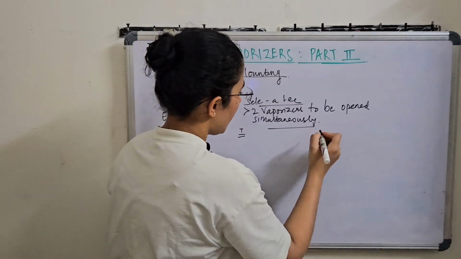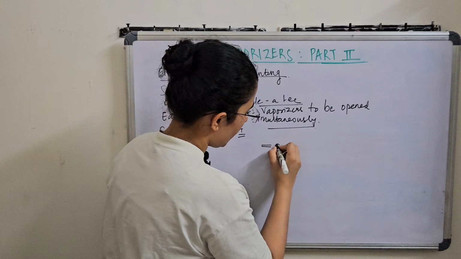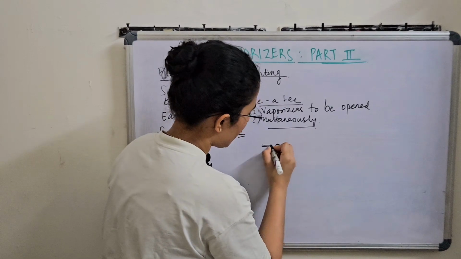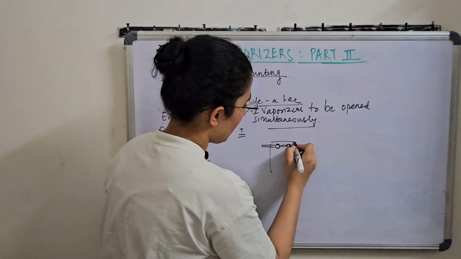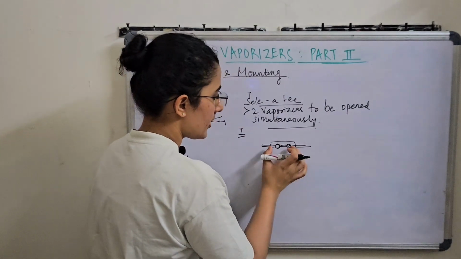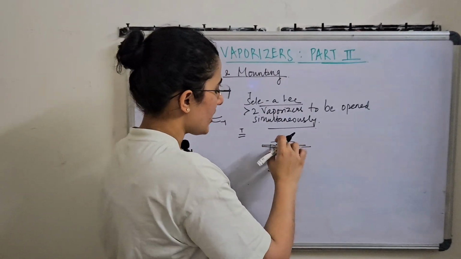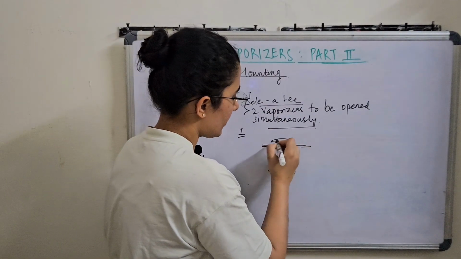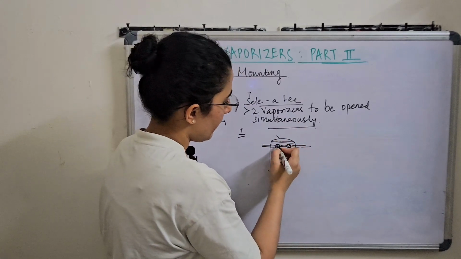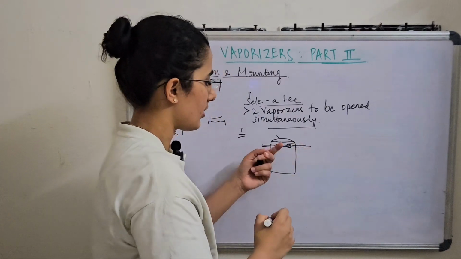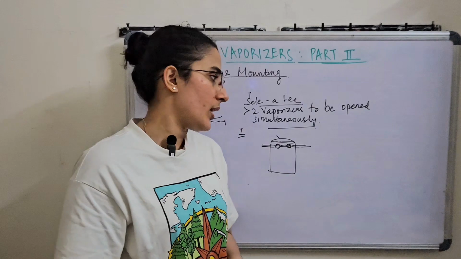Whenever we fit the vaporizer onto this mount, there are 2 opening valves present. This will be in the machine and the vaporizer is fitted onto this vaporizer mount. Once we fit this vaporizer into this mount and we open the dial, the valve which was closing this port comes down and allows the gases to flow into this vaporizer.